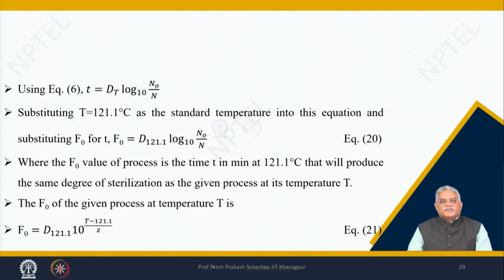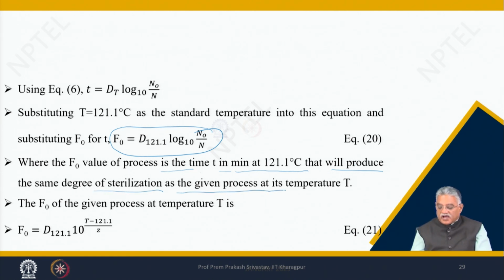Using equation 6, t is equal to D_T into log base 10 N0 by N. Now substituting T equal to 121.1 degrees Celsius as the standard temperature into this equation, and substituting F0 for t, F0 becomes D_121.1 log base 10 N0 by N, where the F0 value of the process is the time t in minutes at 121.1 degrees Celsius that will produce the same degree of sterilization as the given process at its temperature T.